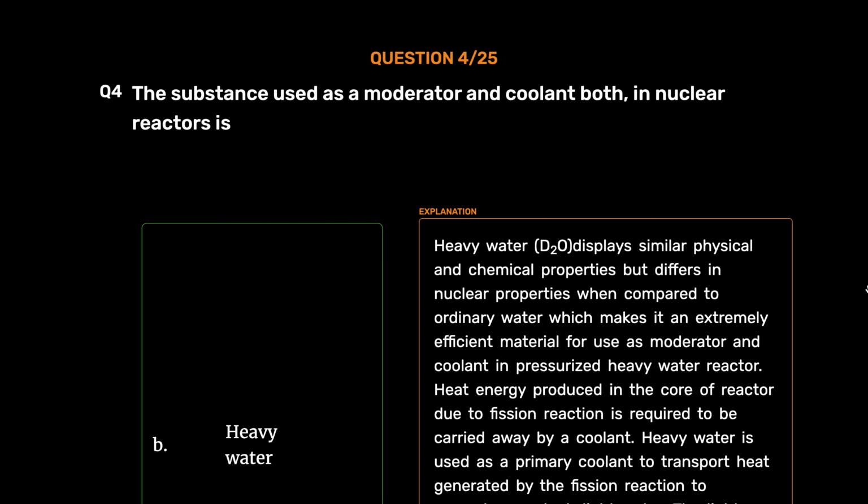Heavy water is used as a primary coolant to transport heat generated by the fission reaction to secondary coolant, light water. The light water takes the heat energy from heavy water and generates steam at an appropriate pressure for running steam turbines. Steam turbines drive generators to generate electricity.